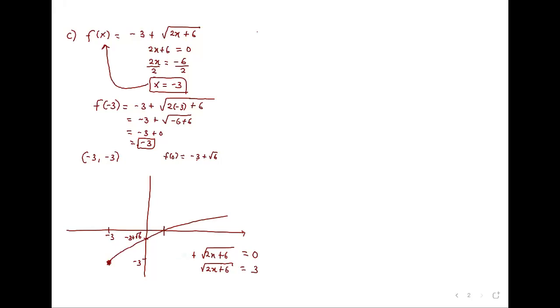Sorry to take you back. There where you've written f of 0 is equal to -3 plus root 6, where is that root 6 coming from? From the whole function. So f is here, is it? Yes, sir.